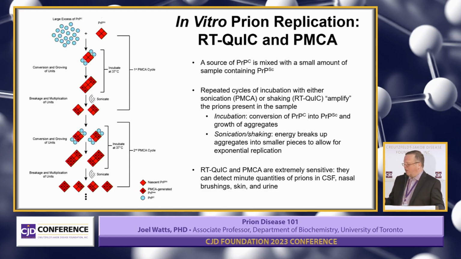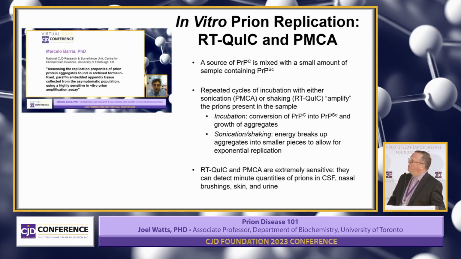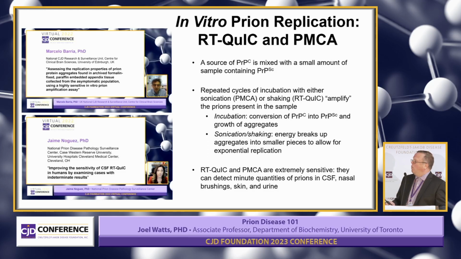And there are going to be several talks on this. One from Marcelo Barria, who's going to talk about using PMCA to detect PrPSc prions in appendix samples. And then one from Jamie Noguez, looking at cases of RT-QuIC that are neither positive nor negative, but somewhere in between, and learning how to deal with those.